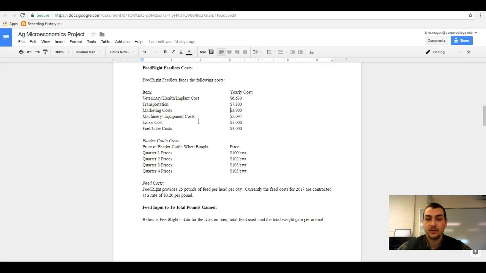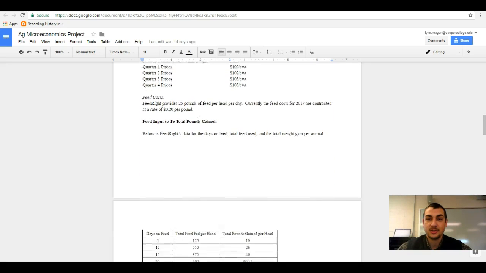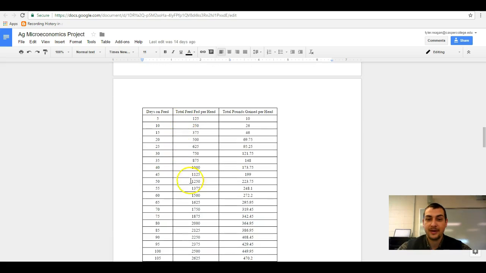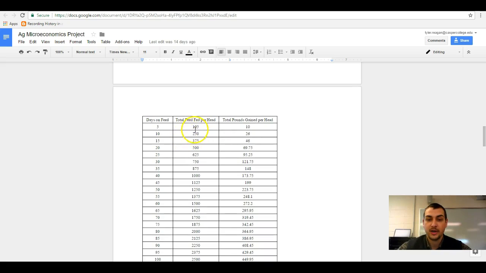And if you look here, there's only one thing that's changing, and that's going to be pounds of feed. So pounds of feed is affecting the total pounds gained. That's going to be your input right here. This feed amount is your input, whereas the pounds gained will be your output.